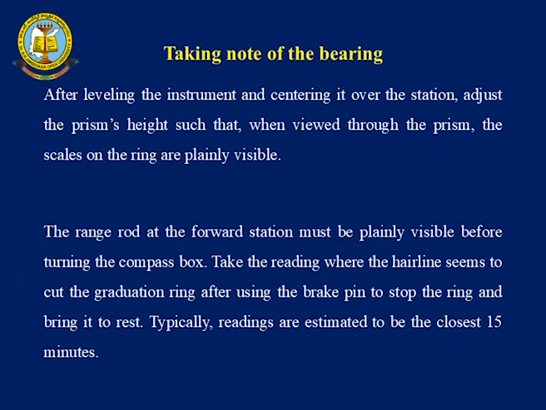After leveling the instrument and centering it over the station, adjust the prism's height such that when viewed through the prism, the scales on the ring are plainly visible. You have to see in such a way that the graduated ring is visible from the eye vane. The ranging rod at the forward station must be plainly visible before turning the compass box.